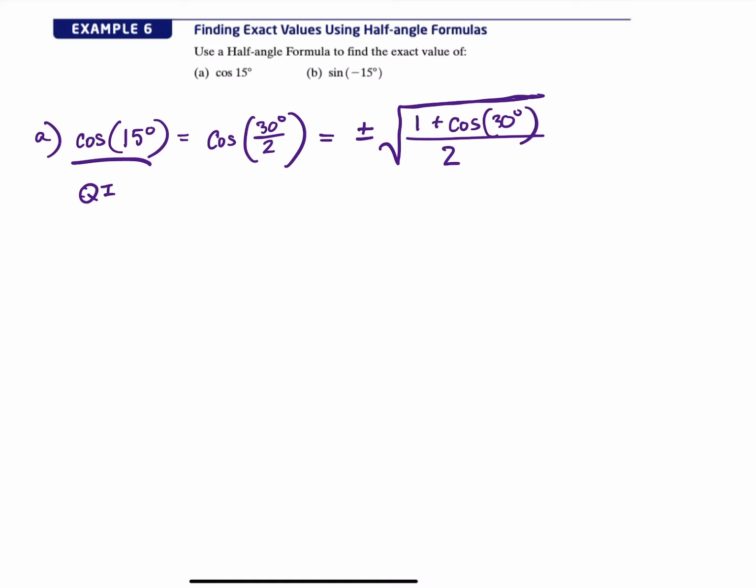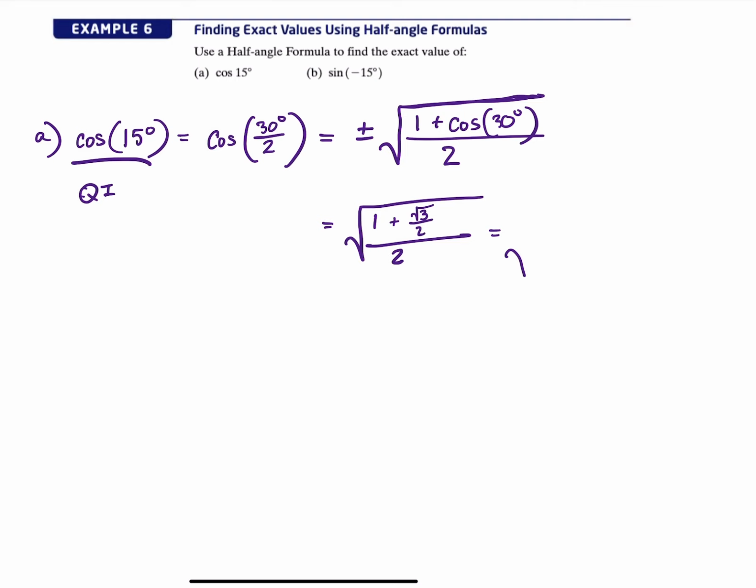So this will become plus the square root of 1 plus the cosine of 30 degrees, which is the square root of 3 over 2, and this is over 2. So kind of a messy square root here. Let's try to get rid of this double fraction and combine things as much as possible.